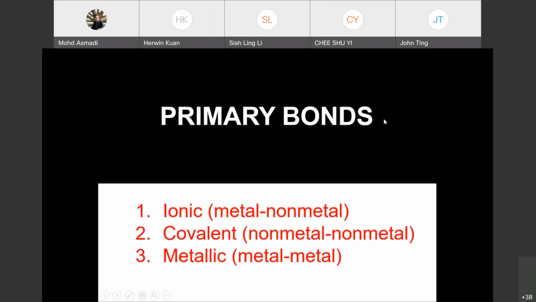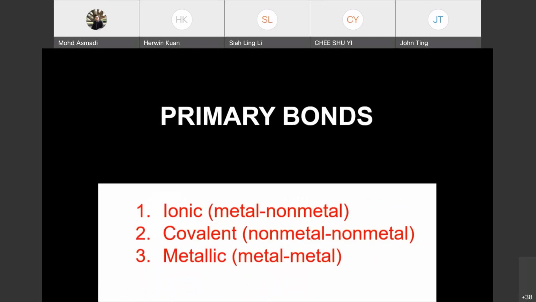Okay. So let's see the primary bonds. For the primary bonds, actually we can divide it into three. Ionics. Ionic is mostly on the metal and non-metals.